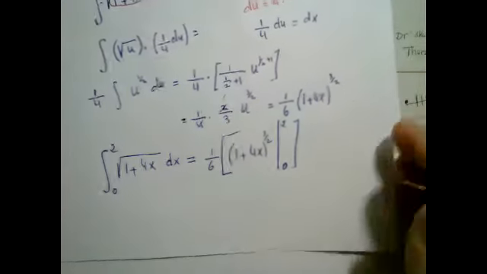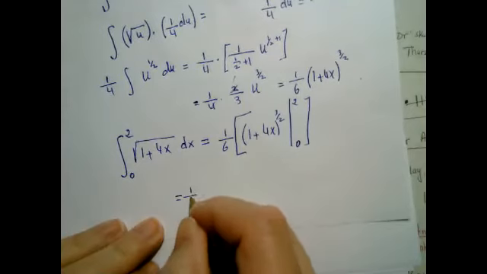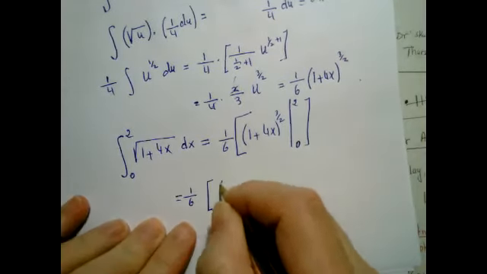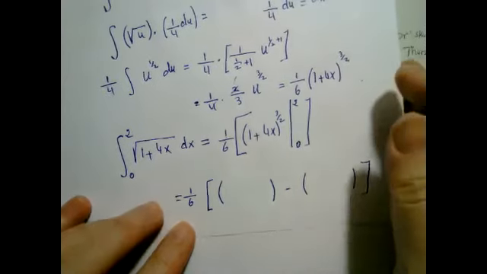Right. Equal to 1 over 6 times the value at the upper minus the value at the lower.